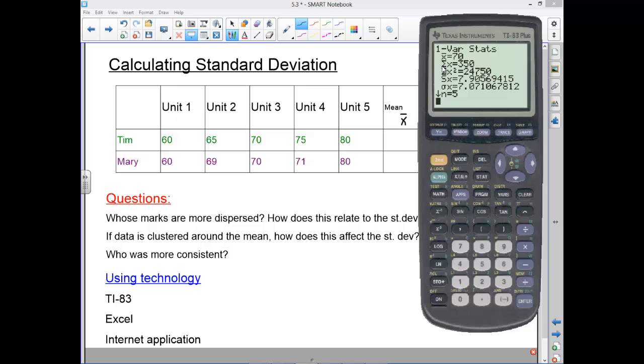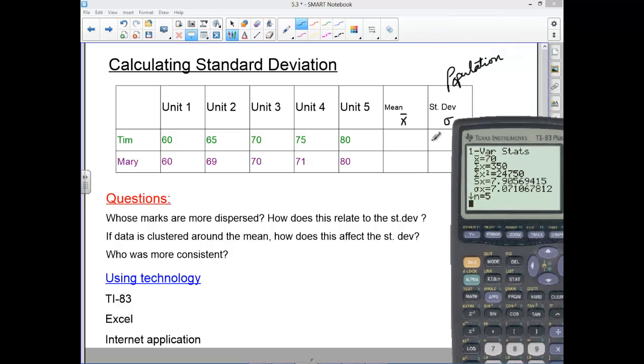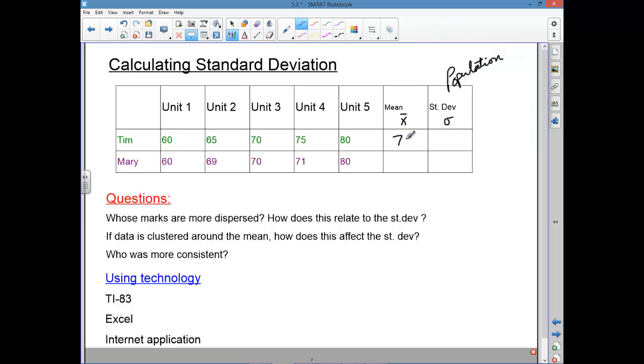Remember the summation sign I mentioned last class? Summation will be adding up all the scores. This is the total of all the scores if I added them together. I'm going to ignore these two scores here. What I want here is sigma, 7.07. So our mean is 70, and the deviation is 7.07.